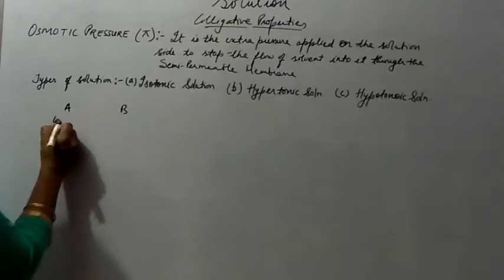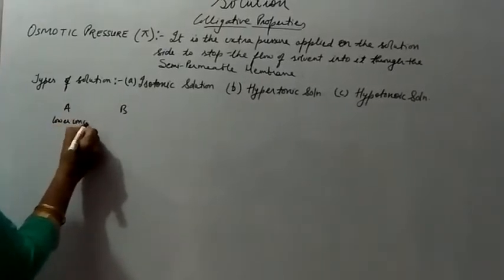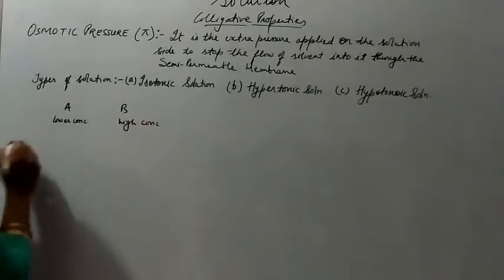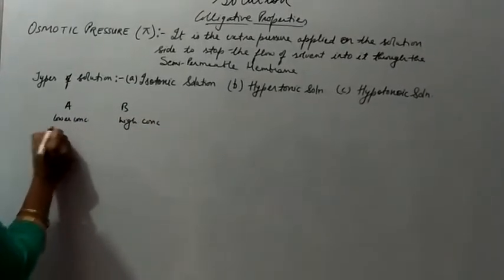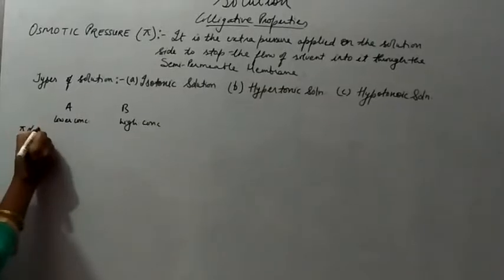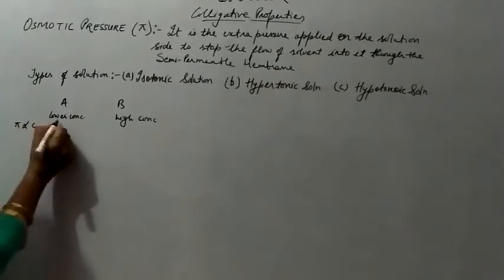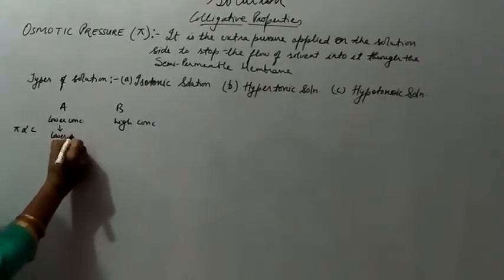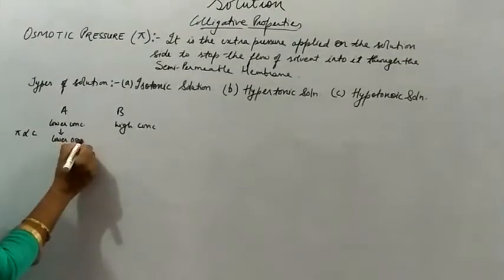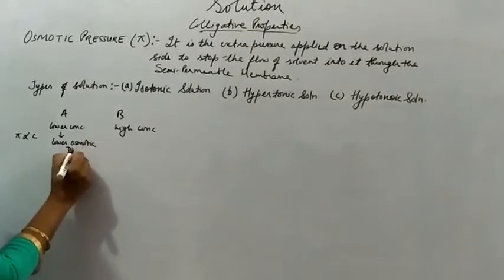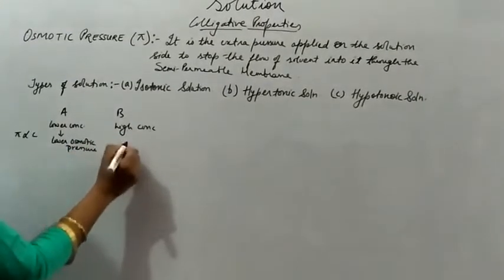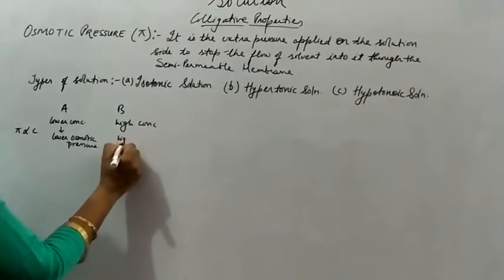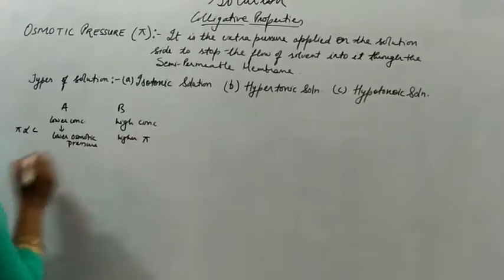Now if A has got lower concentration and this is higher concentration solution. So lower concentration means, since we have discussed that pi is directly proportional to concentration, it will mean that A is having lower osmotic pressure, and B is having high concentration, so it will be having higher osmotic pressure.